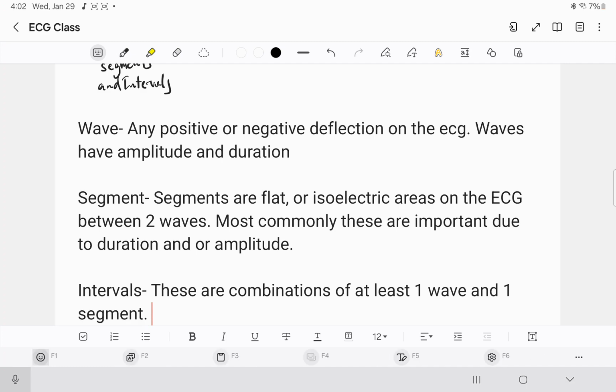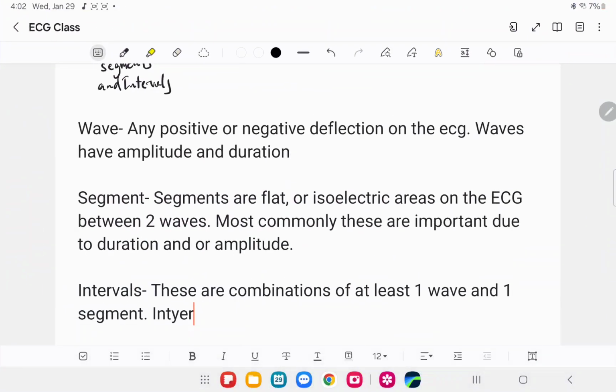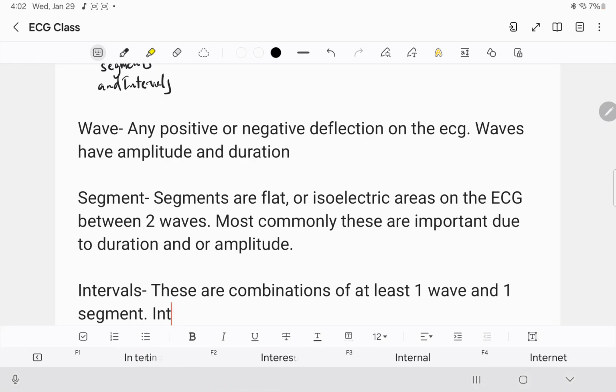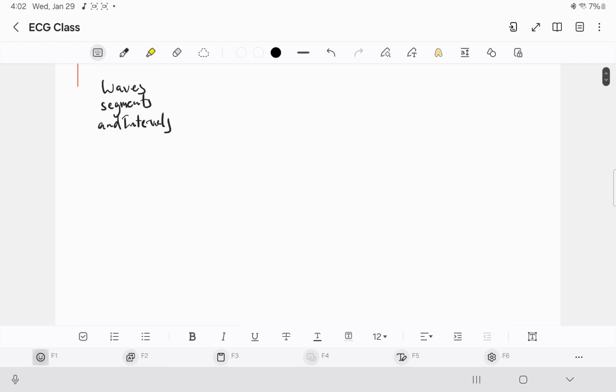And intervals mainly are analyzed based on the duration, right? So intervals are important because of their duration. All right, cool. So that's what those are. So we're going to go back to the ECG now, or the ECG diagram.